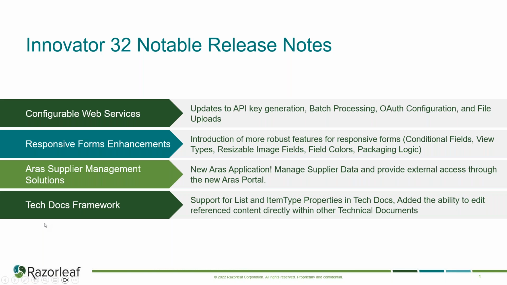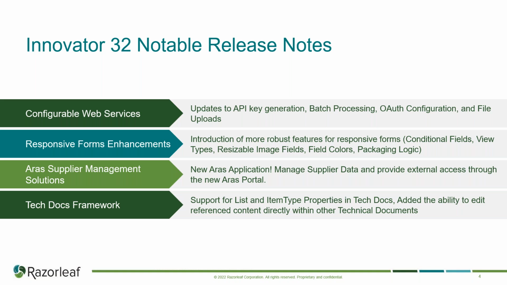Here are some notable release notes coming out of Innovator 32. First things first, Configurable Web Services. If you attended our last Tech Tuesday, I did a pretty comprehensive breakdown of how those are configured and how we can create some low-code connections into our Aras environment. Innovator 32 brought some continued updates to this functionality.